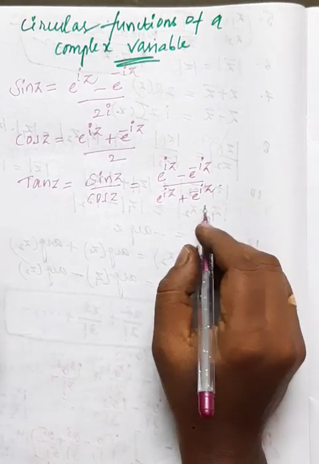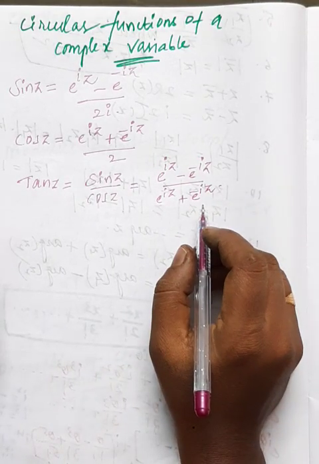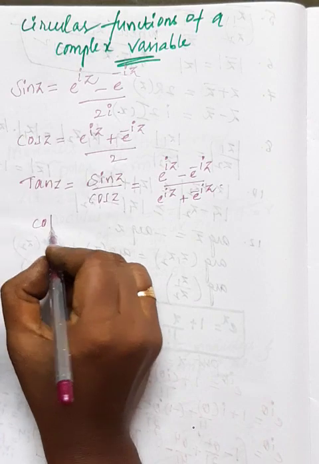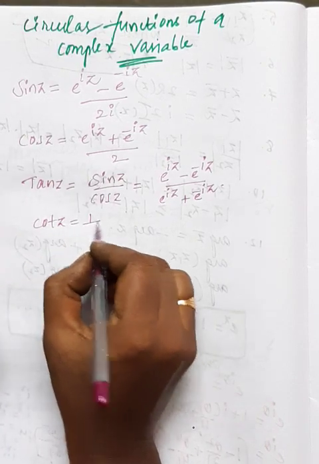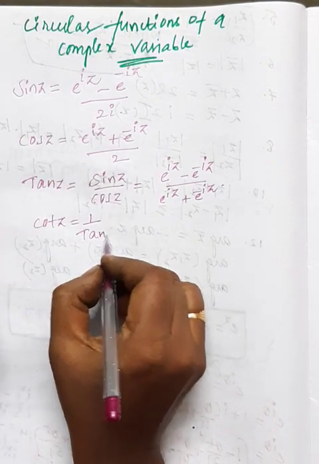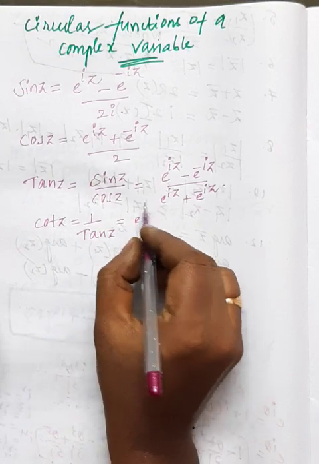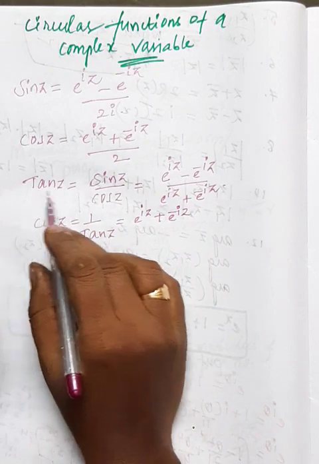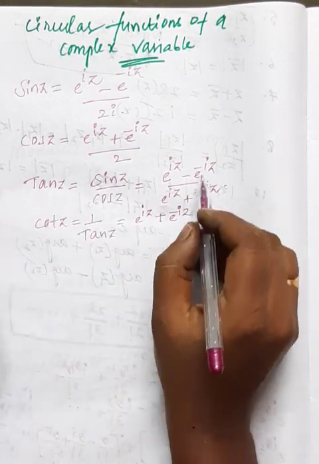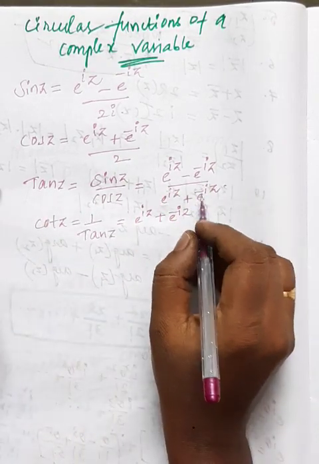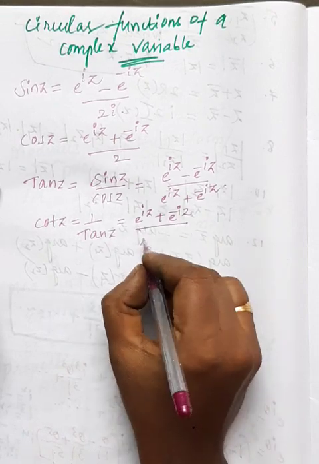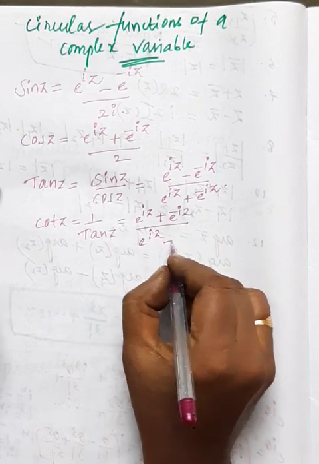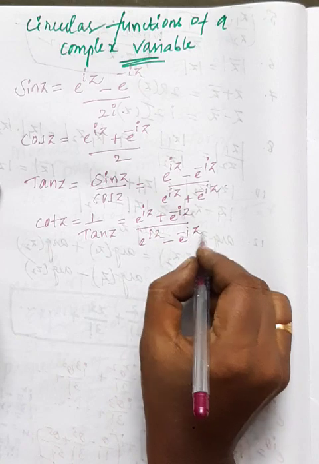Now from these expansions we can write cot z is equal to 1 by tan z, which is e power iz plus e power minus iz by e power iz minus e power minus iz. Reverse the tan z expansion, numerator to denominator and denominator to numerator.